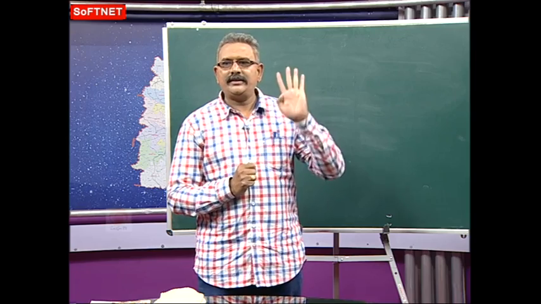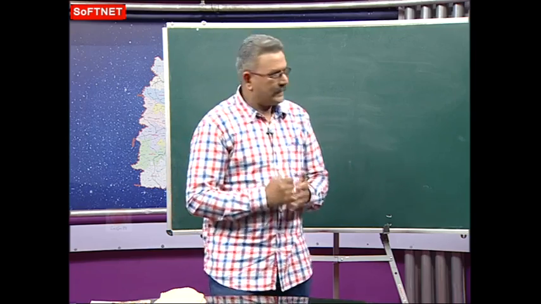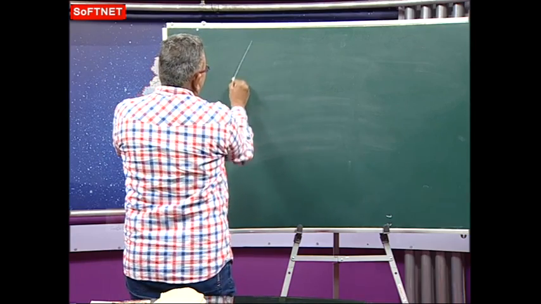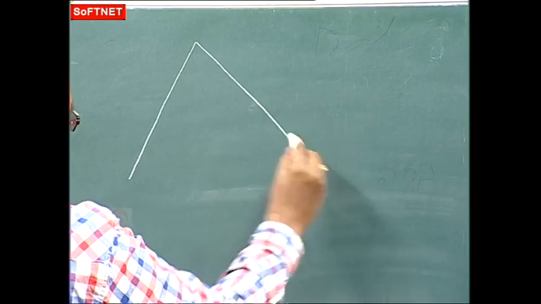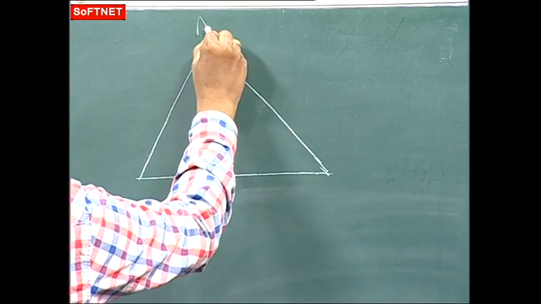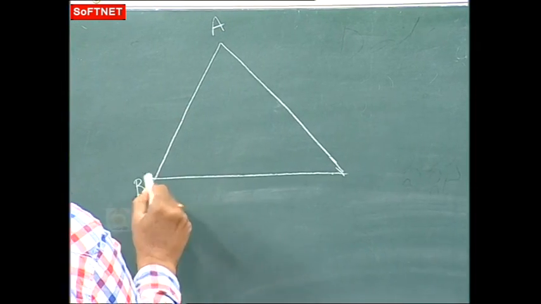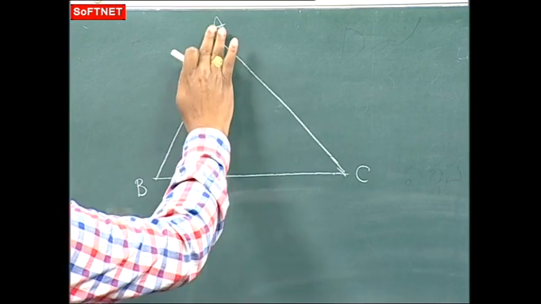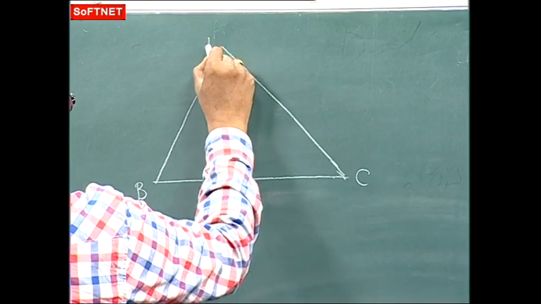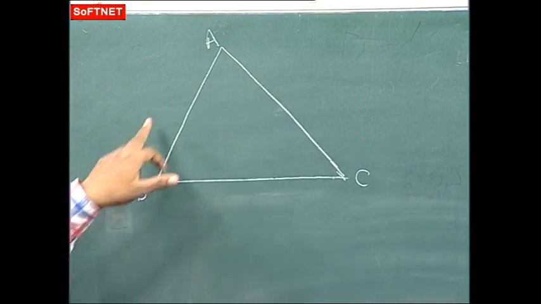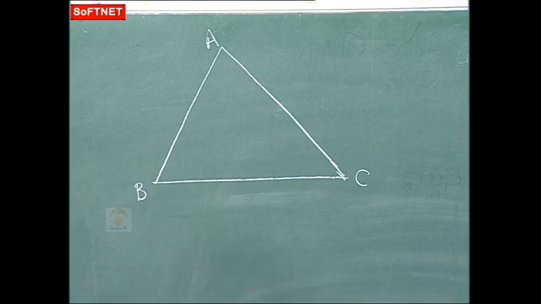Let us discuss these four concepts first. First take a triangle ABC, with vertices A, B, C.